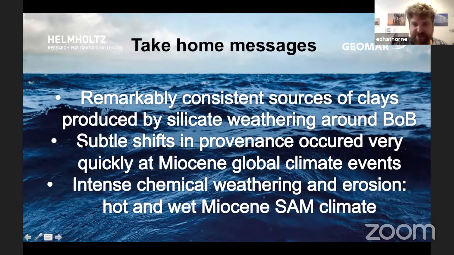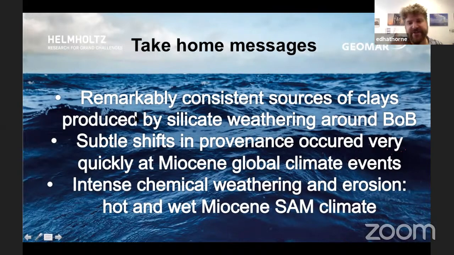There are subtle shifts in the provenance, which we can see, and these occurred very quickly around these Miocene global climate events, too quickly to be tectonic, and therefore we can see a link between silicate weathering and climate changes in the region.